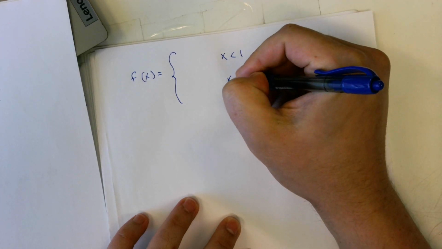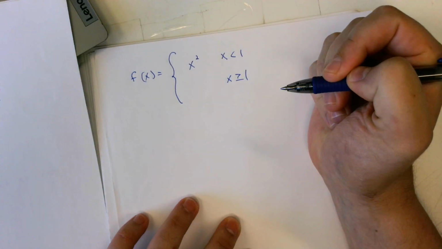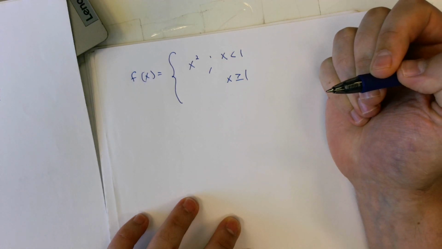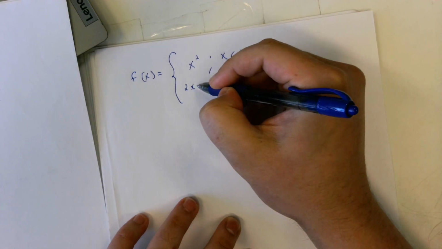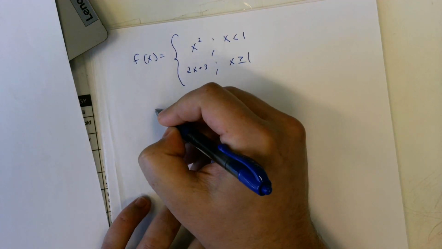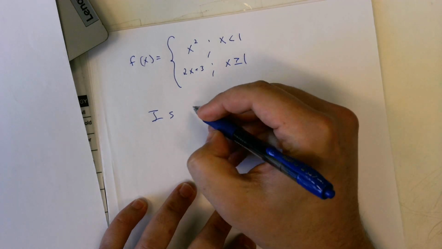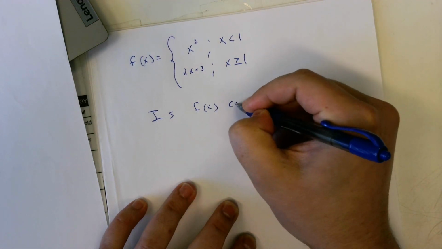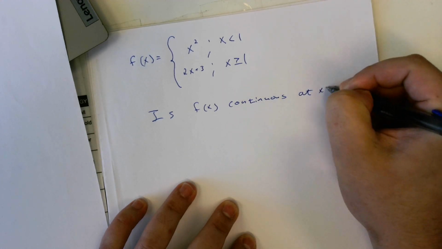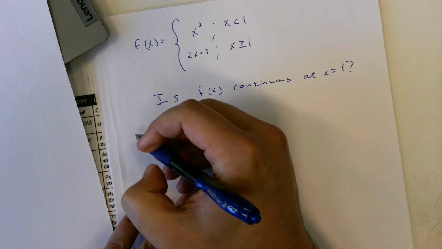Let's make it 1. x squared for x less than 1, and 2x plus 3 for x greater than or equal to 1. And let's write the question, because math without a question is just sort of babbling nonsense. Is f of x continuous at x equals 1?